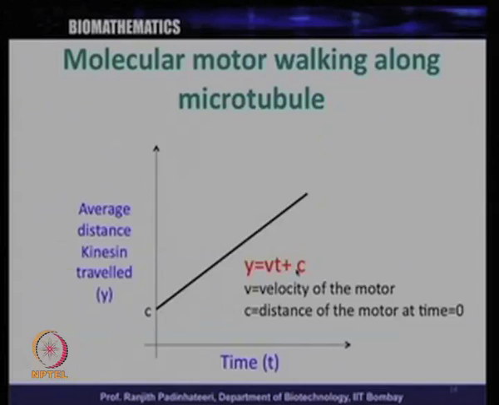So, what is the idea of velocity? If we know the position as a function of time, for different values of time, we can calculate the velocity or speed. Think about, instead of a molecular motor, you walking along a road.